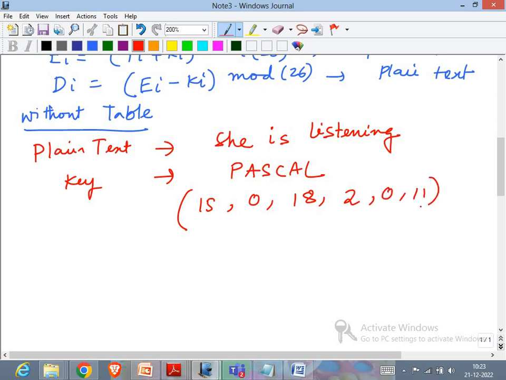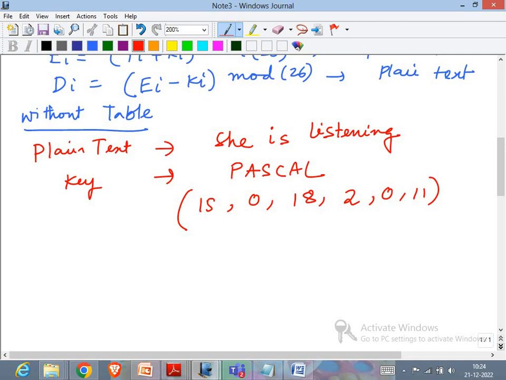So this step indicates that for any key, you are going to replace it by the numeric equivalent based on the generic table that we already have from the days of Caesar cipher. 0 is mapped to A, B is 1, C is 2, like that we have arranged.